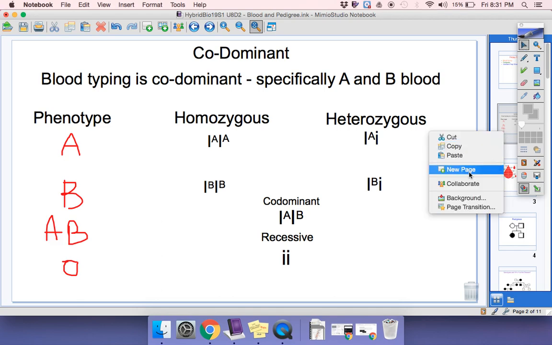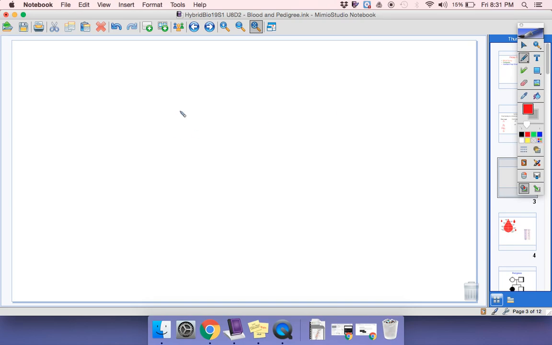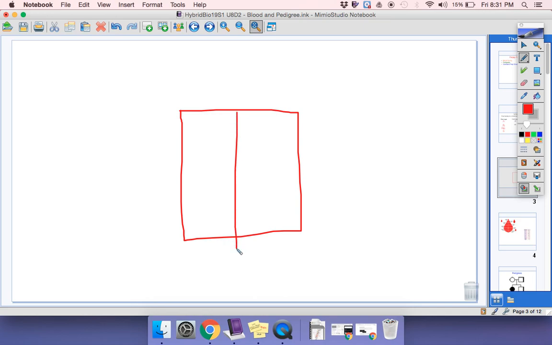So when you're doing your problems, I'm going to do number 2 right now just because I remember what it is. Okay, one parent is heterozygous A, meaning that they have capital IA, little i. One parent is heterozygous B, capital IB, little i.